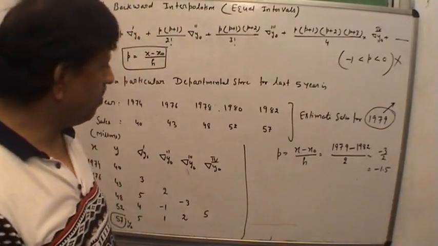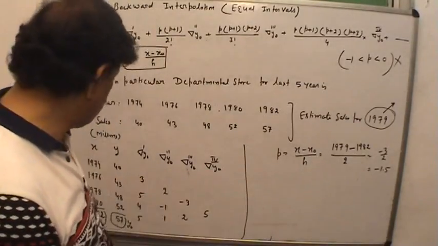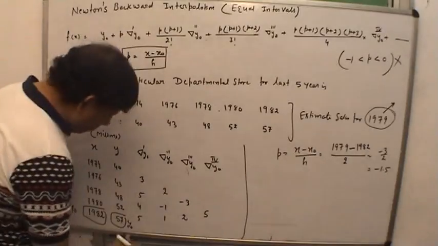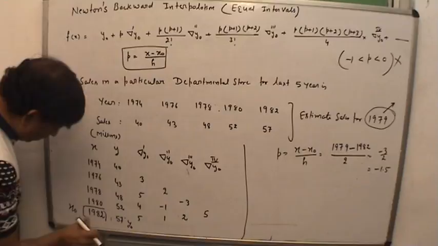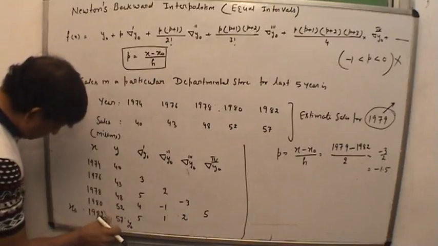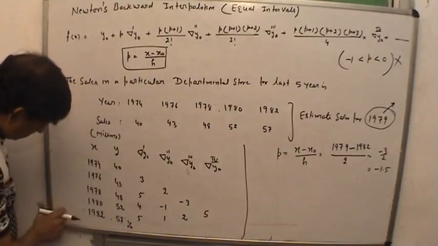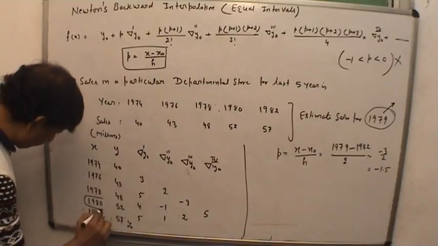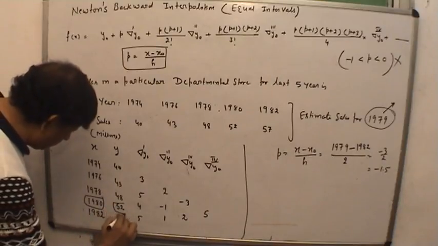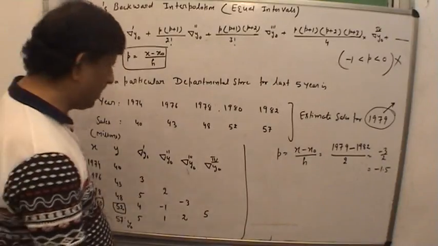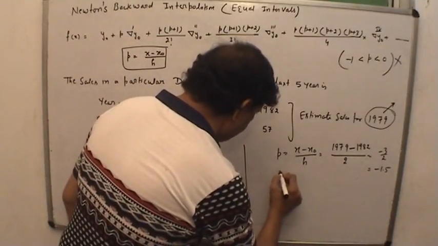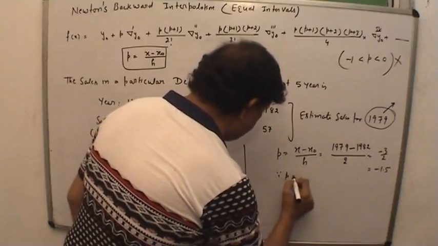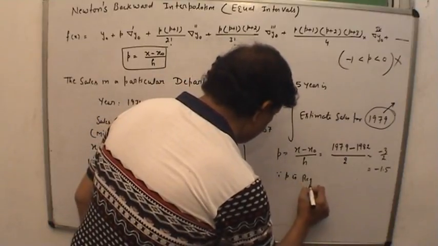Now we cannot consider these values at x0 and y0. Now what do we do? We move to the upper pair, say it is 1980 and 52. Again we find the value p. There we see this value of p is rejected.